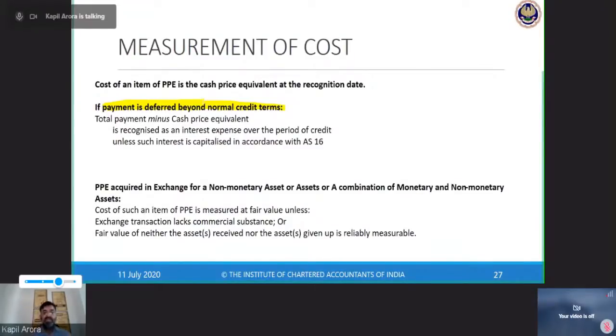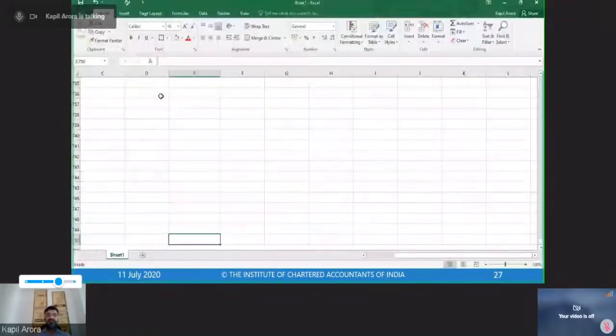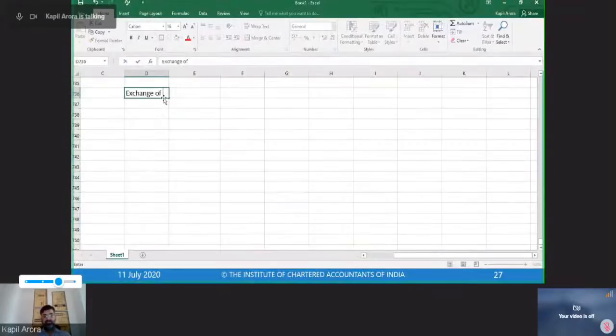Now moving further, what happened? There may be a case where, instead of buying the asset by paying cash, you purchase the asset by way of exchange. Now, when you purchase the asset by way of exchange, there could be two things which come up.